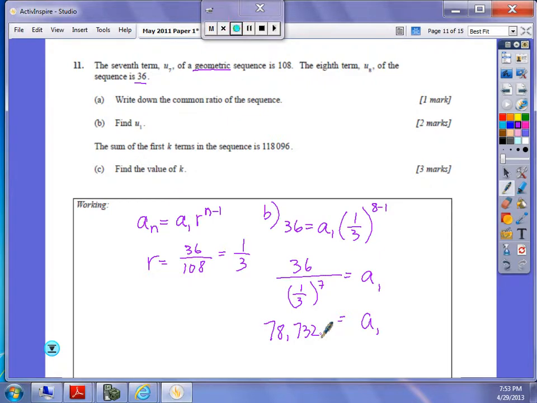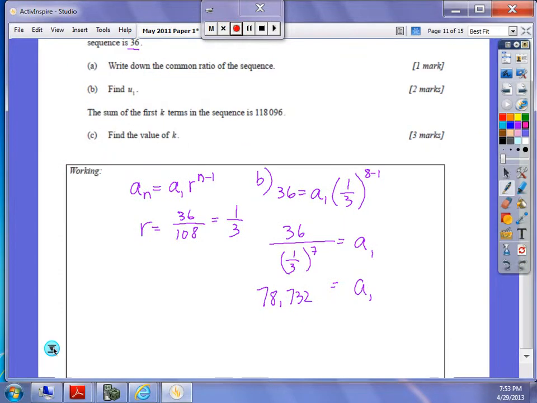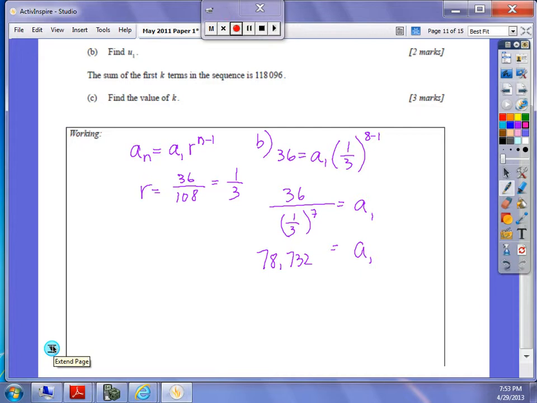Alright, then it says the sum of the first k terms in the sequence is 118,096, and I need to find how many terms that is. So let's see how we're going to do this calculation. Well, I need a formula for finding a sum.